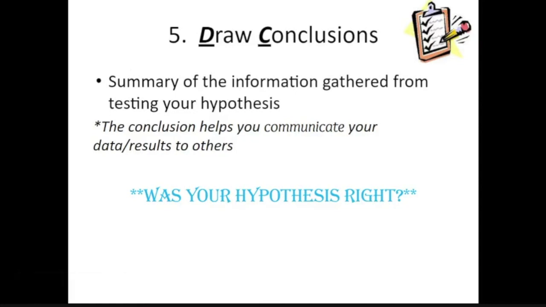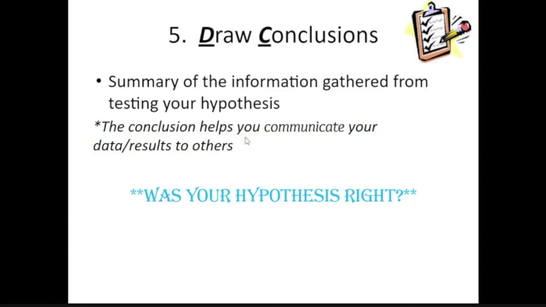And then you would say why. So something like this: my hypothesis for the density lab was right because I said that an object that has a density of greater than 1 will sink. And block number 7, it sunk, and its density was 8. So that's the kind of thing you would say for your summary.